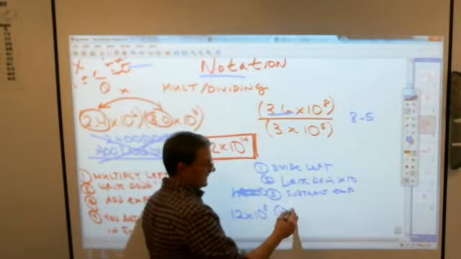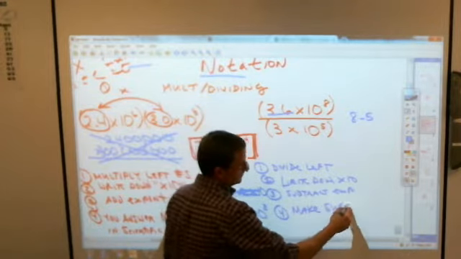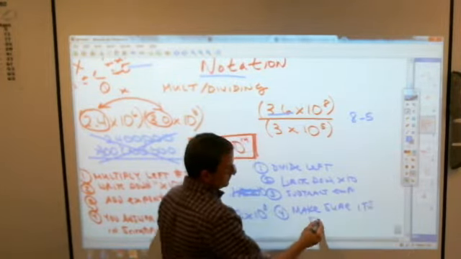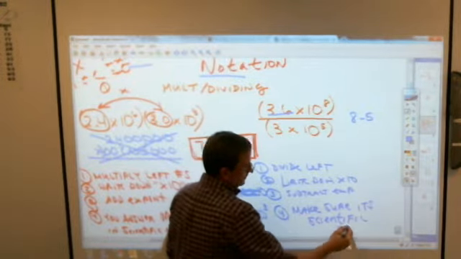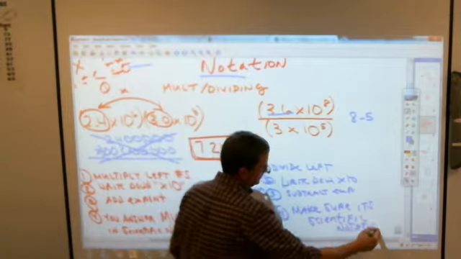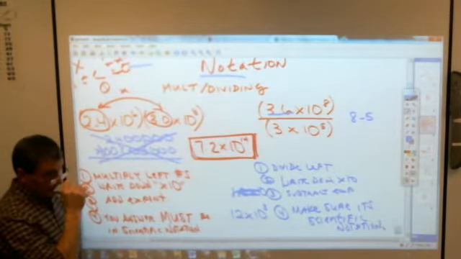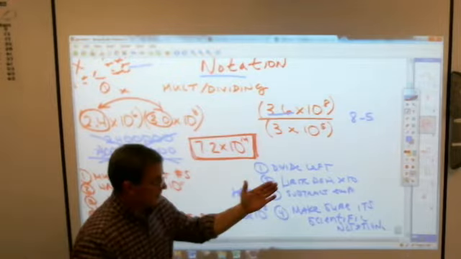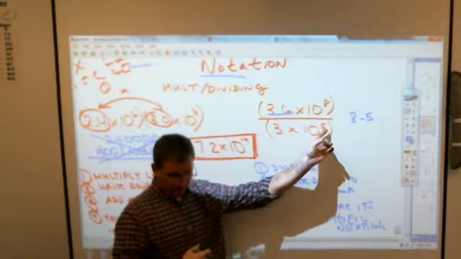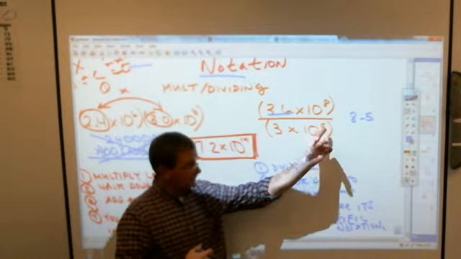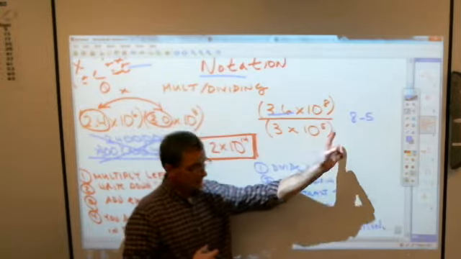And number 4, again, you need to make sure it's in scientific notation. And this one is. And again, like I said, be very careful with this, because if this would have been a 10 to the negative 5th power, what happens when you subtract a negative?